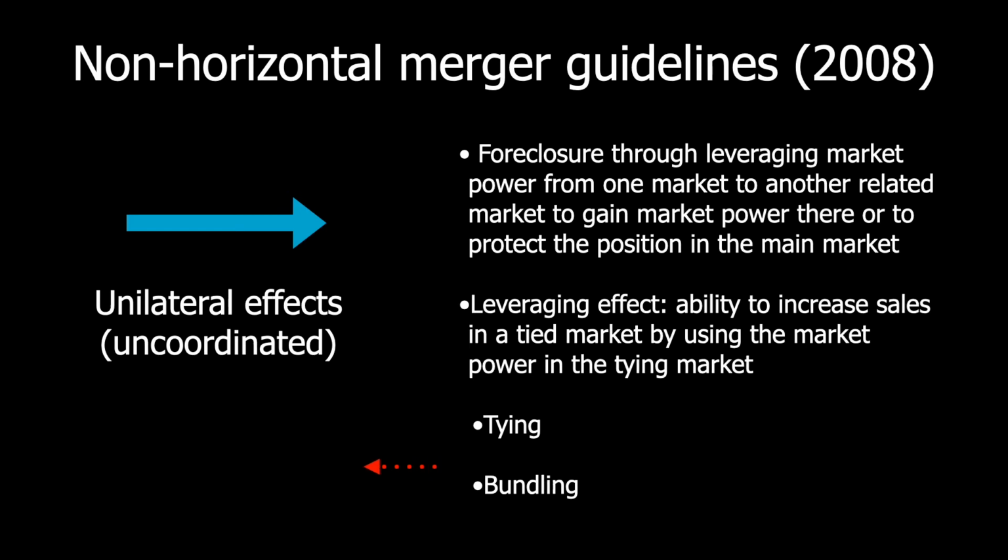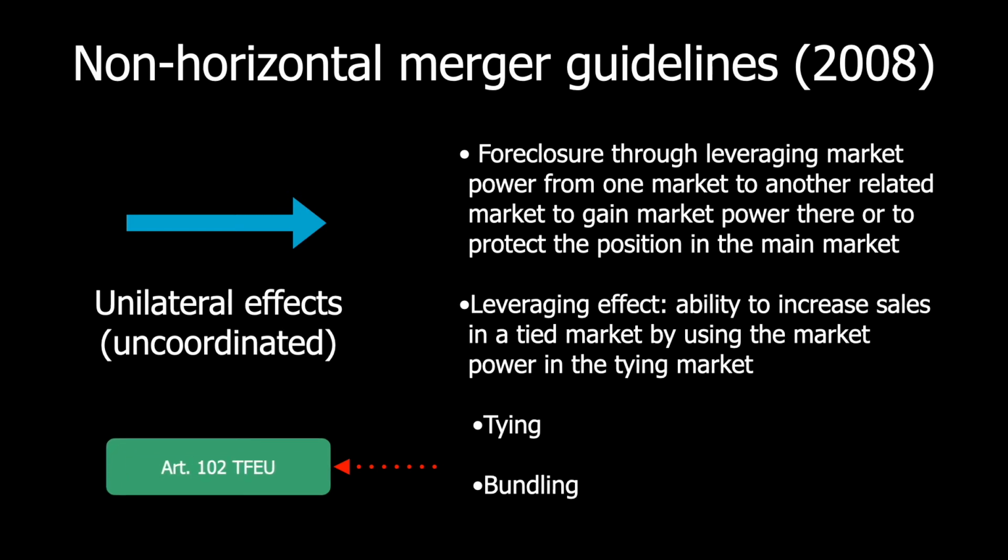To pursue leveraging strategies implies that the merged entity will likely resort to tying or bundling, which is to say conduct that ties access to a product where the firm has market power to the purchase of another product. Now, these practices are also prohibited by Article 102 of the treaty as abuses of dominance.